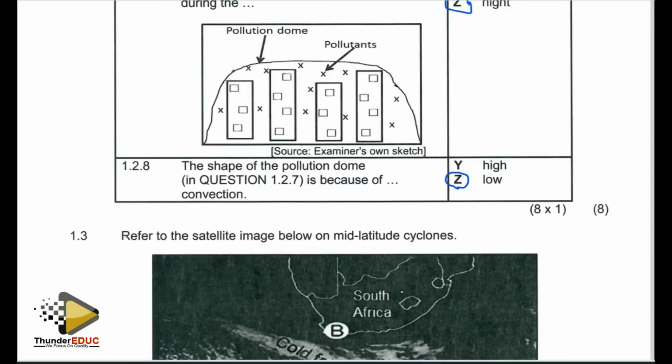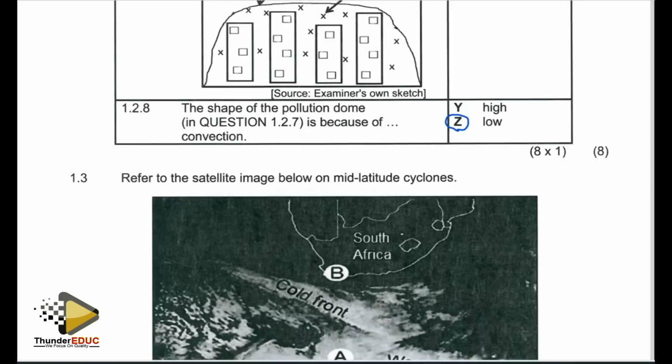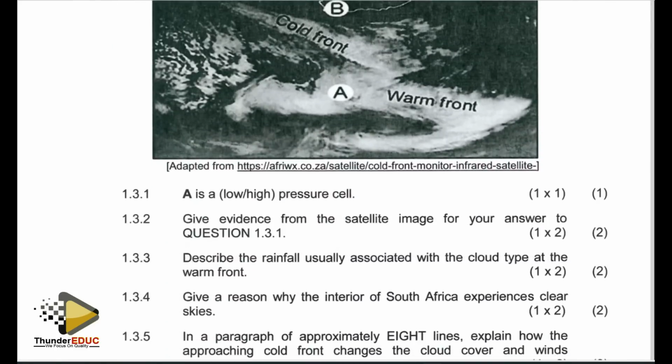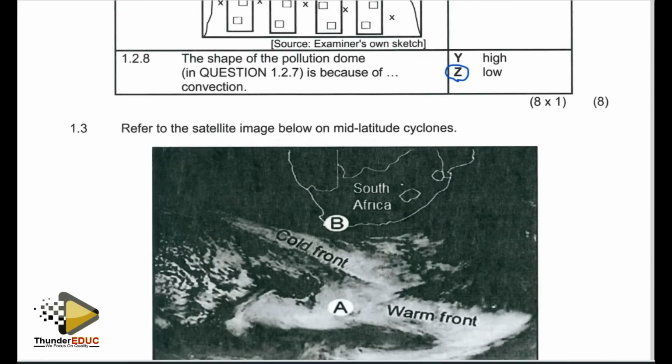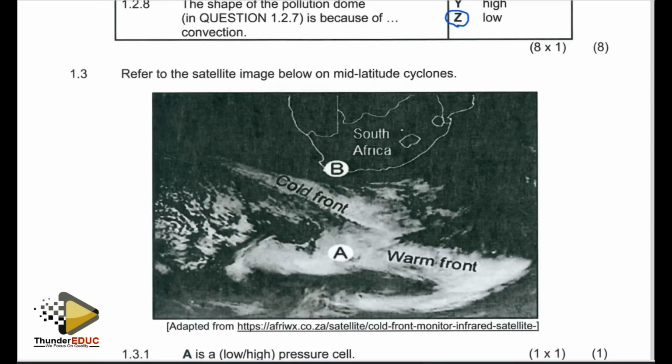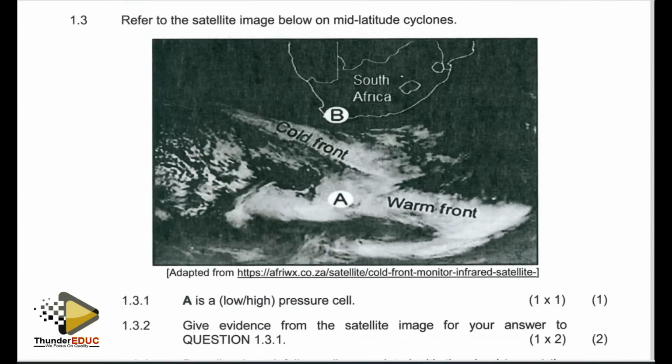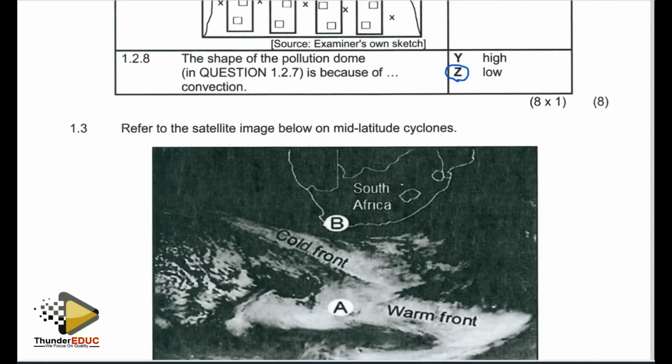That's the end of question number 1.2. We move on to the next question, which is question number 1.31. That is basically a synoptic satellite image of a mid-latitude cyclone, which is likely approaching South Africa.